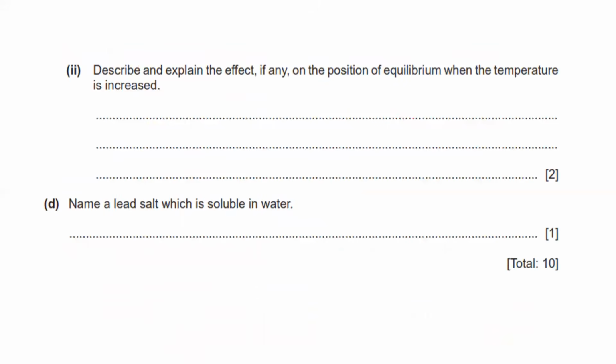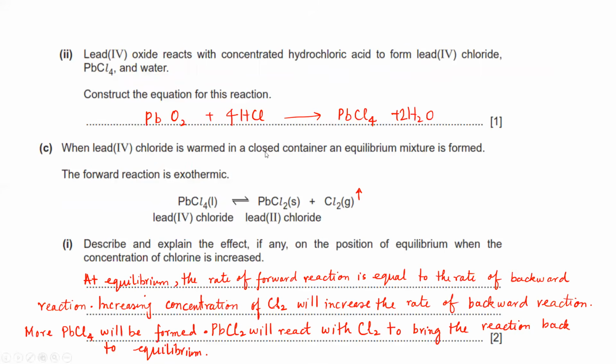Okay, then part 2, it says describe and explain the effect, if any, on the position of equilibrium when temperature is increased. So lead chloride is warmed, and this reaction is exothermic in nature.